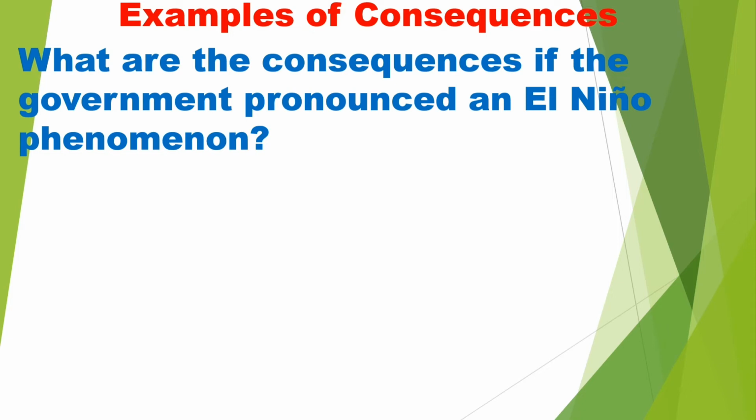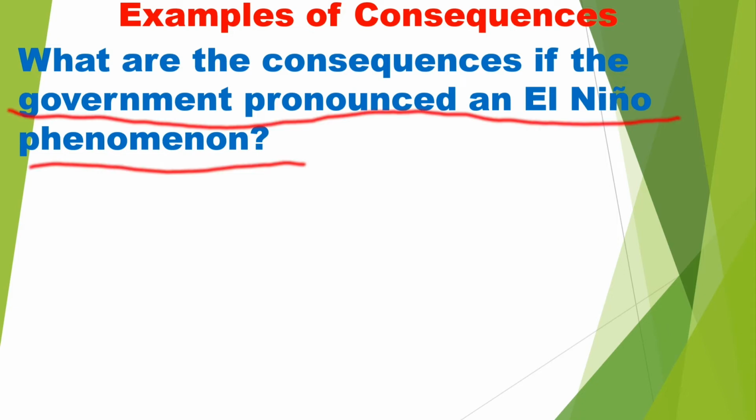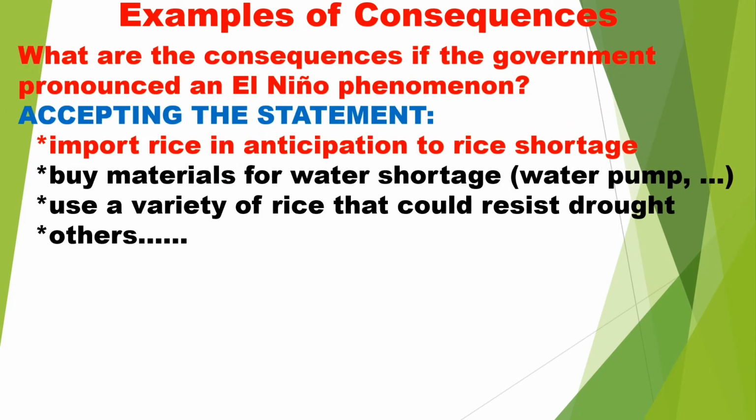What are the consequences if the government pronounced an El Niño phenomenon? In this question, the claim or statement is the government pronounced an El Niño phenomenon. The possible consequences to accept the statement are: 1. Import rice in anticipation of rice shortage or buy materials for water shortage like water pumps and others. 2.